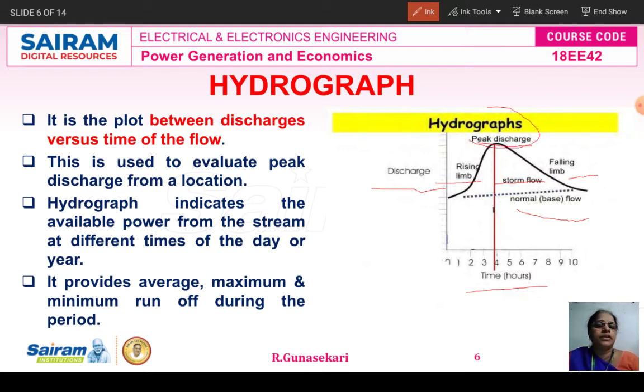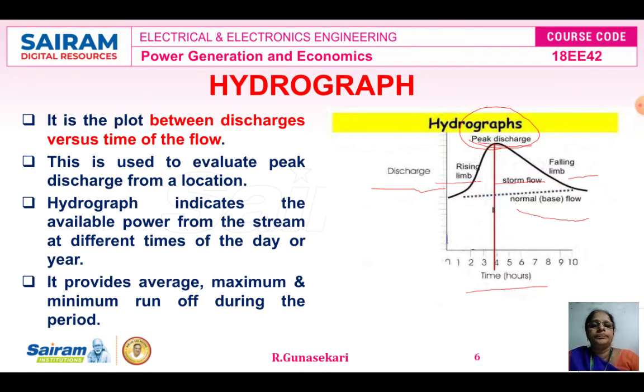You see, this peak discharge is determined or evaluated from the hydrograph. The hydrograph indicates the available power from the stream at different times of the day or year. The hydrograph provides average, maximum and minimum run during the period.